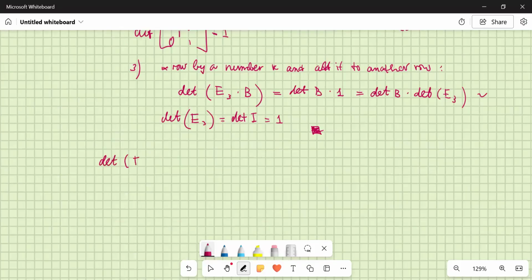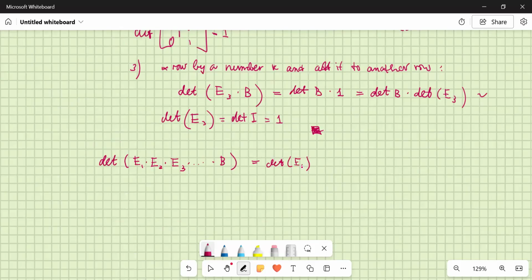Now, what is going to happen if I have something like this? Determinant of E1 times E2 times E3, a bunch of elementary matrices, and eventually determinant of B. Well, I can apply that formula and cut off one elementary matrix every time, and write down that this is determinant of E1.